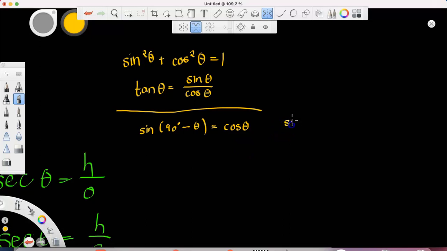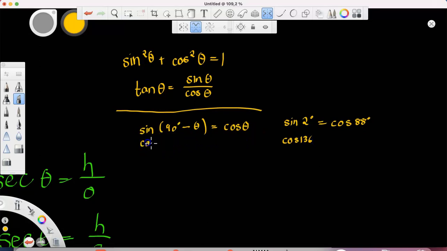And I need to be able to apply it in simple context. So for example, if I see sine 2 degrees, I should know sine 2 is the exact same answer as cos 88 degrees. So this is co-ratios.